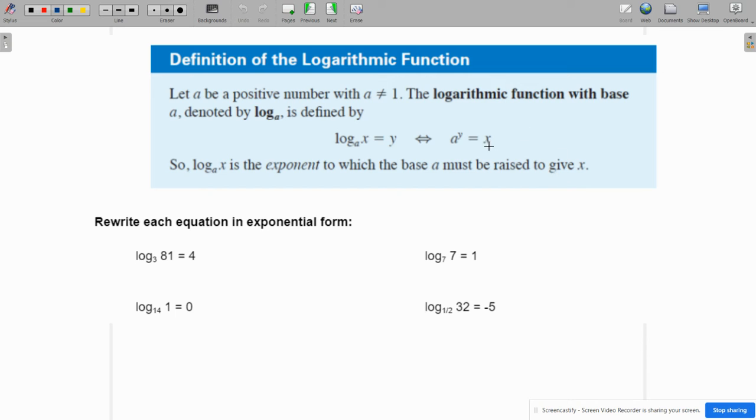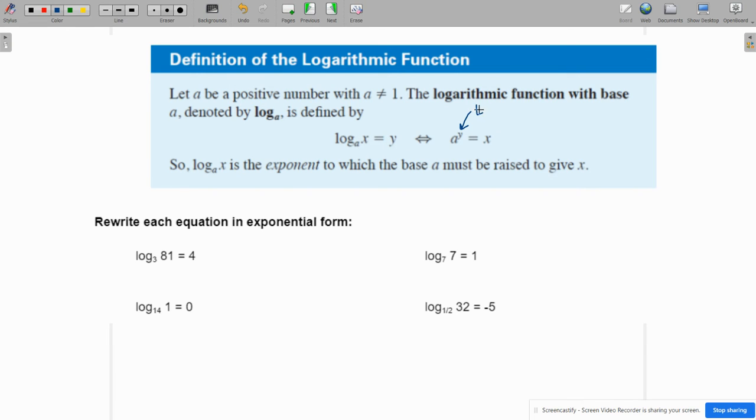So if you're trying to get a variable that is currently an exponent, we were trying to isolate it. Look at how these are related. A to the y power equals x is the same thing as y equaling log base a of x.